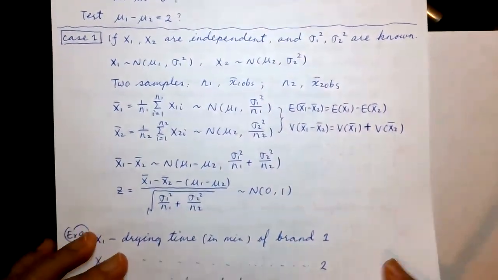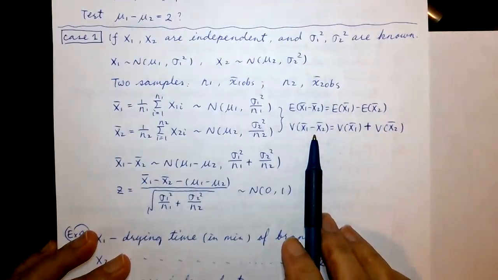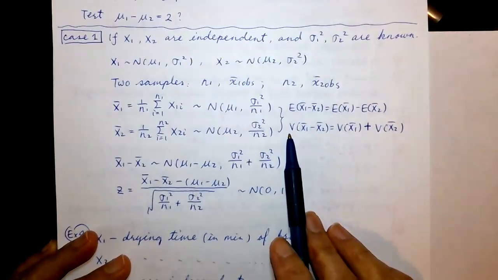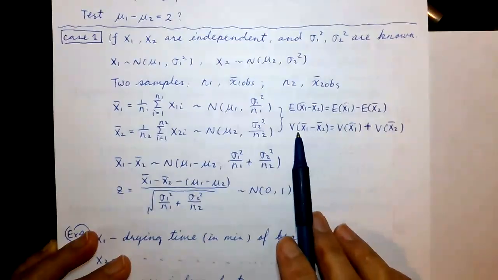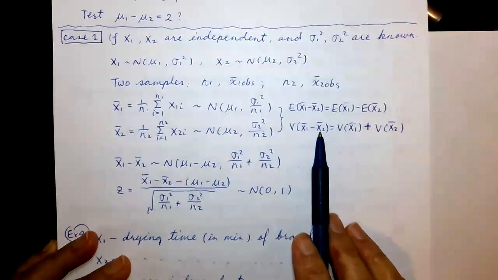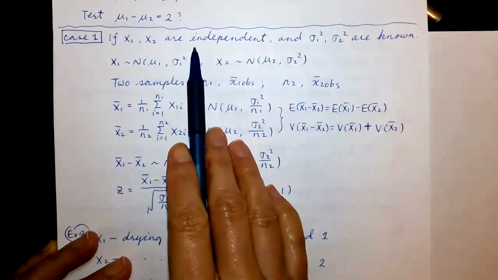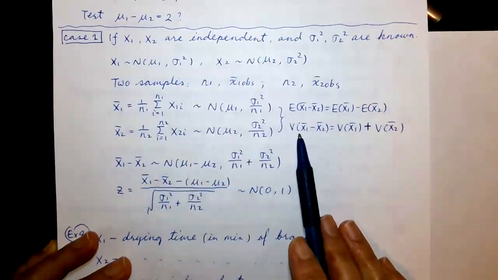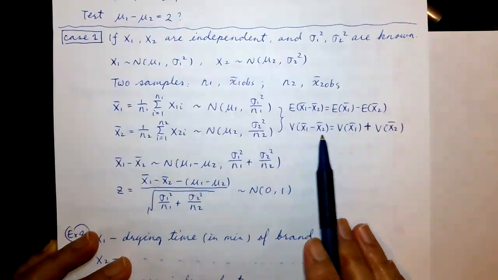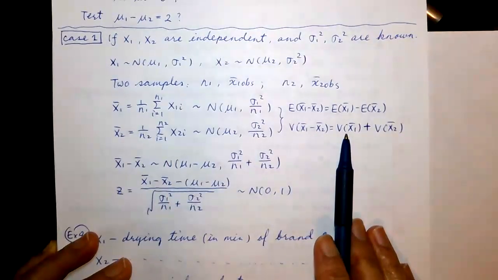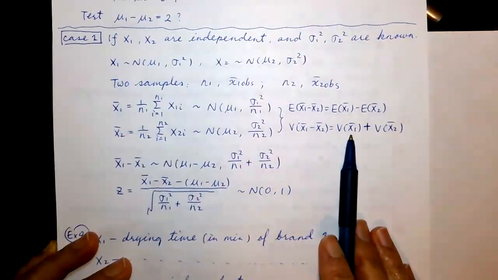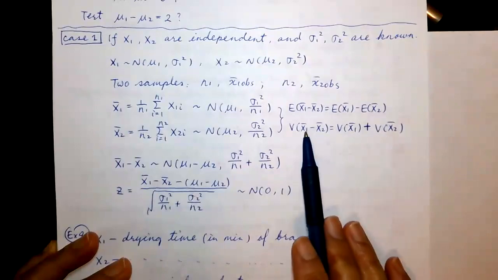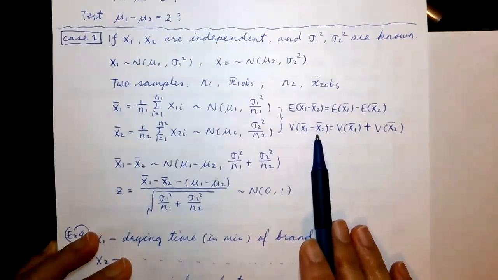They are independent. But why is it useful, right? I don't remember where we used it. We used here the variance of these two. This is a linear function of two variables. If we don't have the assumption of independence, the variance of this linear function would have a covariance term.